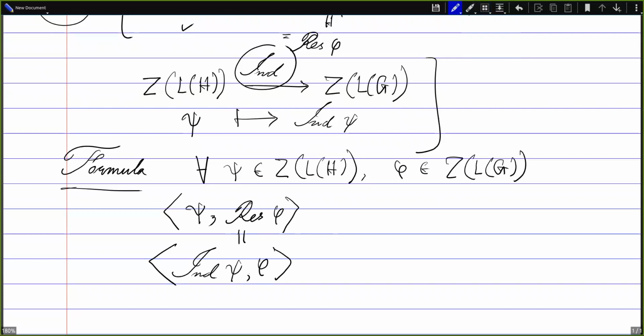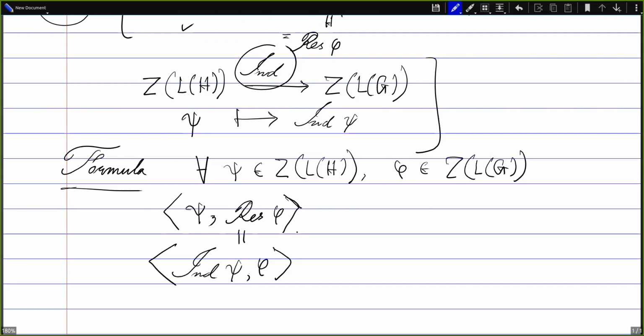Since the inner products are happening in different spaces, from the context we shall understand where the concerned inner product is taking place.